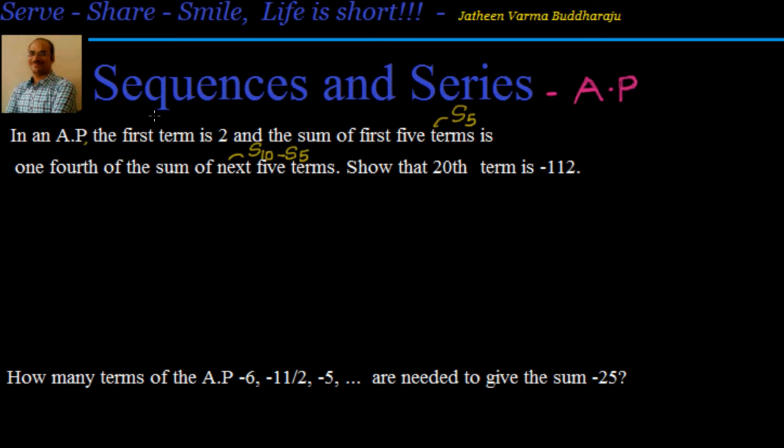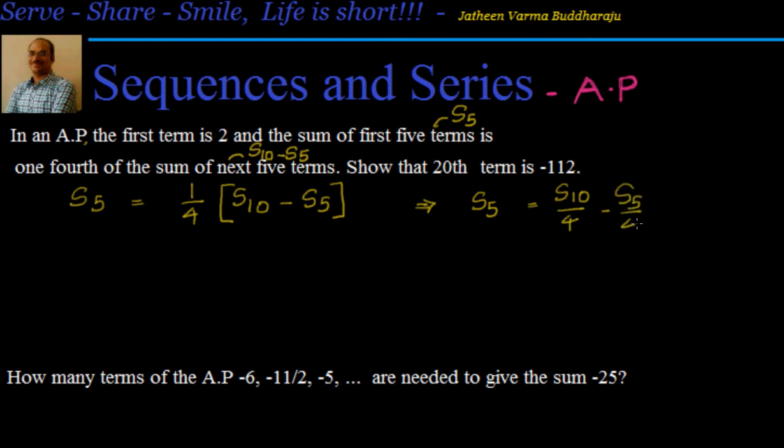Let's put that equation: sum of the first 5 terms, S5, equal to, as given, 1/4 of S10 minus S5. Can I simplify this a bit and say S5 is equal to S10 by 4 minus S5 by 4?